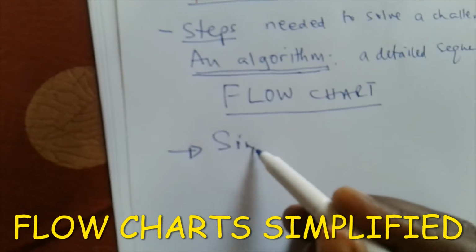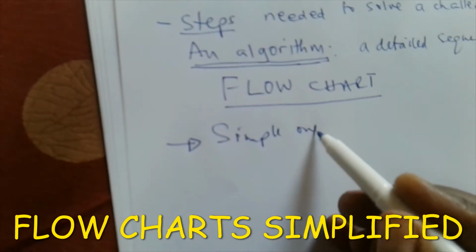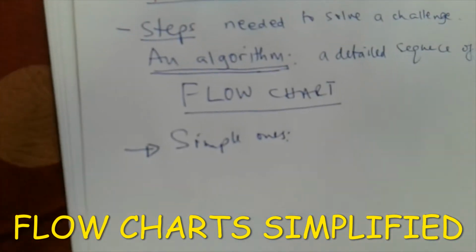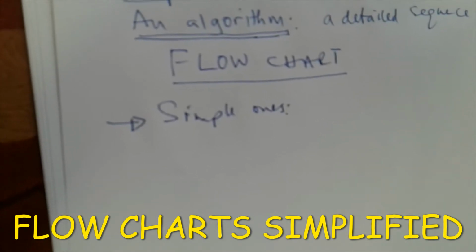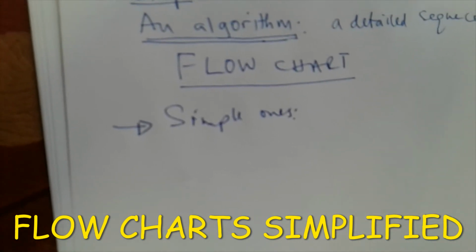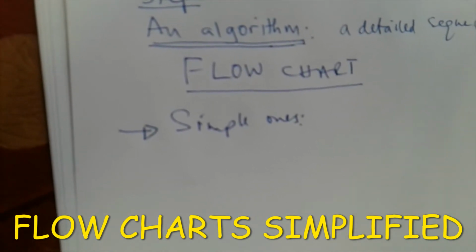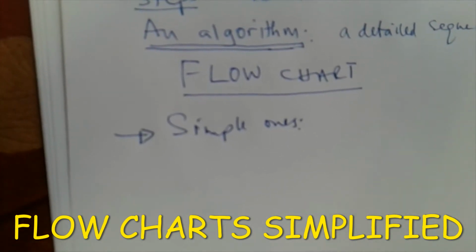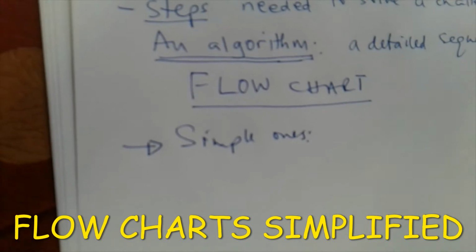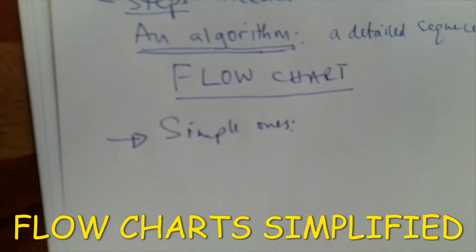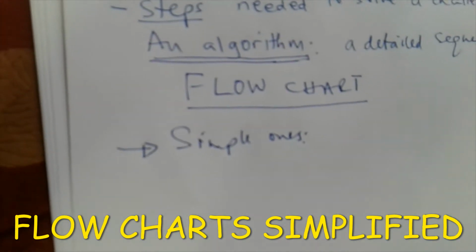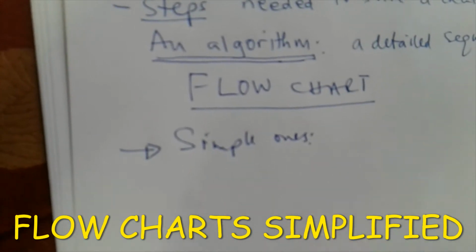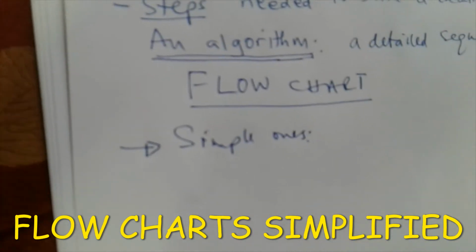We have simple ones, like if a student has a set of rules or steps that enables him or her to wake up in the morning systematically to go to prep, it can be written in the form of a flow chart, and that would be a simple one.